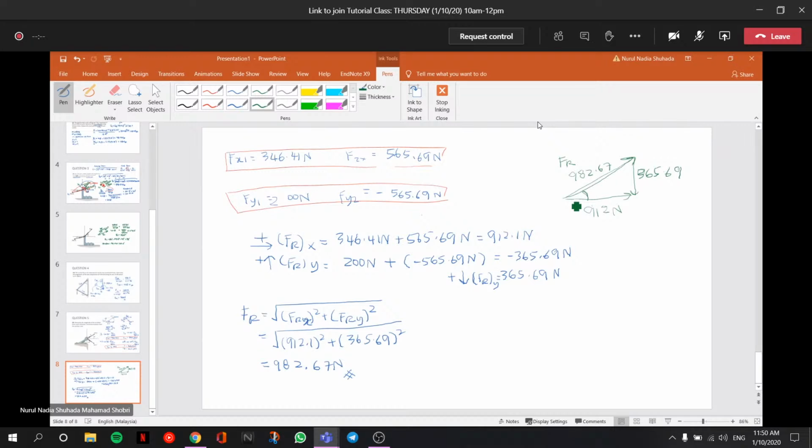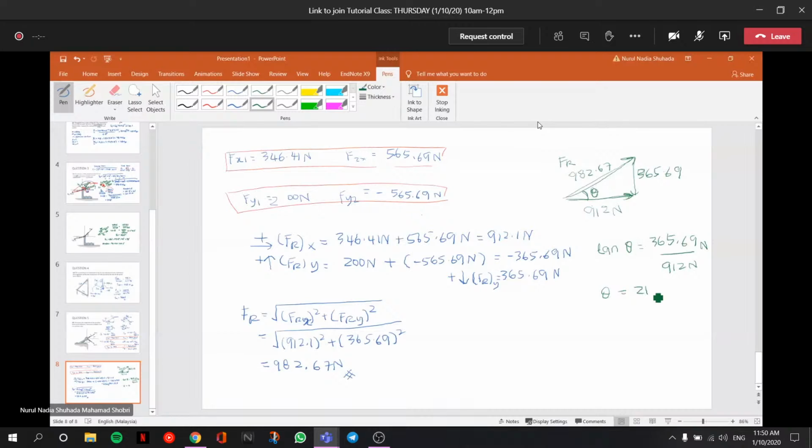So that means the positive axis is here, and this is the direction that we are looking for. Basically, we can use tan delta equal to, and then you would get the angle to be 21.8 degrees.